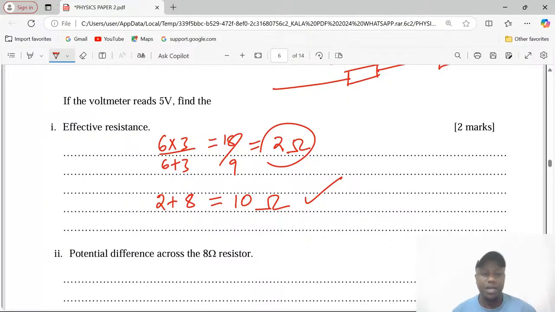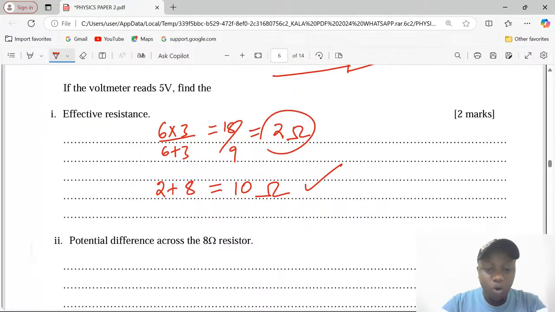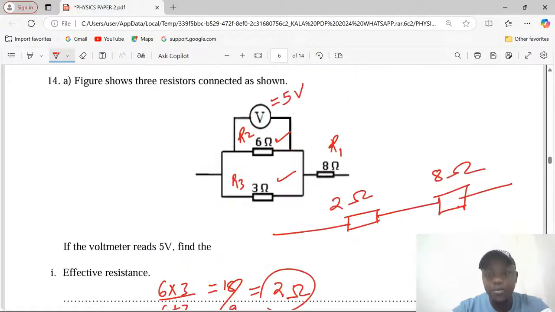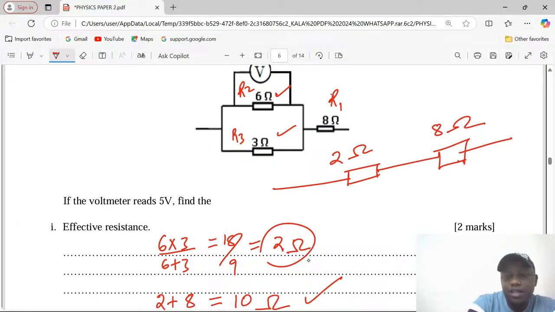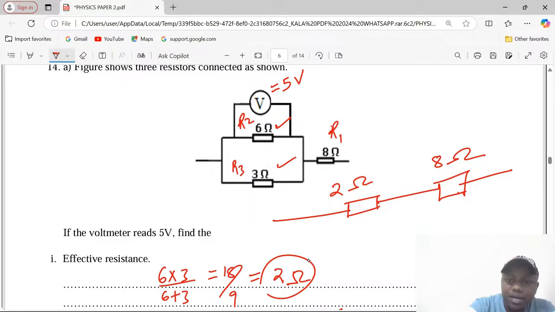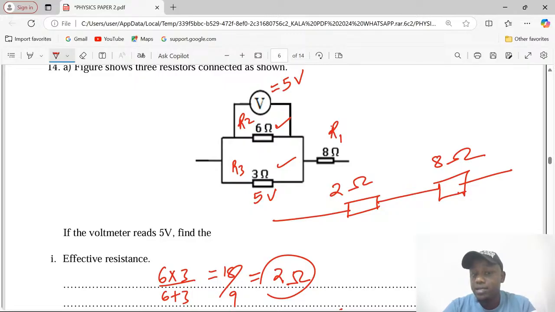Number 2, potential difference across the 8 ohm resistor. Let's get back to our diagram. Through the 3 ohm resistor, we will also have 5 volts. The reason is that the 2 resistors are parallel to one another, so they are at the same potential, 5 volts.